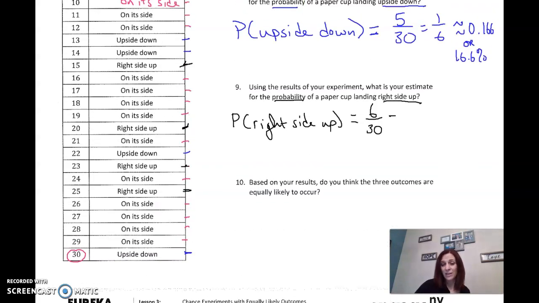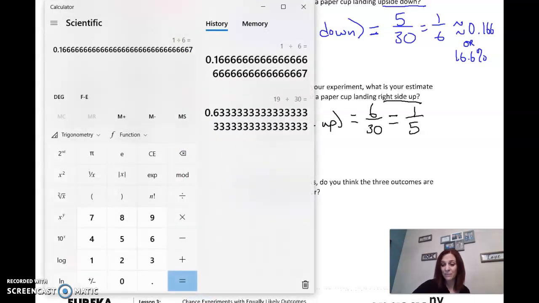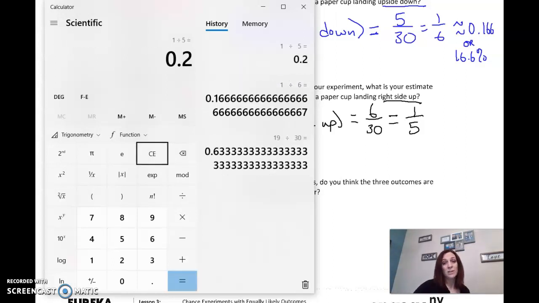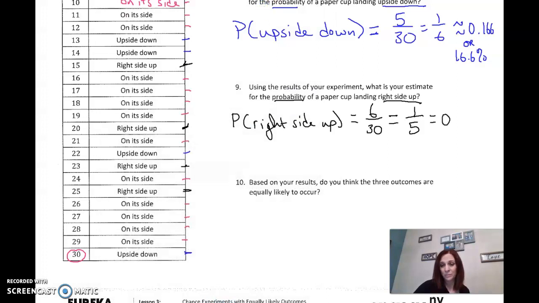Okay, and 6 out of 30, that reduces, right? 6 goes into itself 1 time, 6 goes into 30 5 times. 1/5, or 0.2, which would be, if you move it over 2 times, 20%.